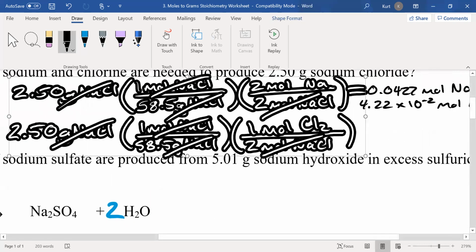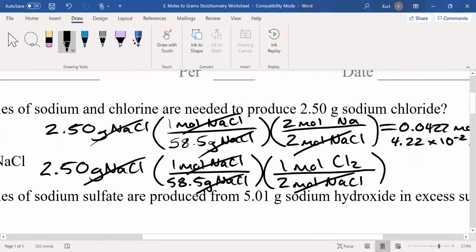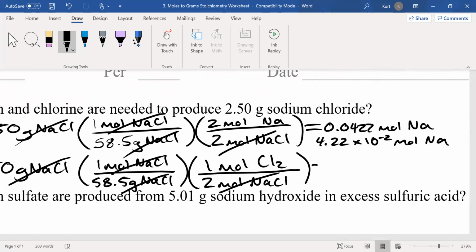But you can go ahead and skip the ones because you know that will still result in the same number. So 2.5 divided by 58.5 divided by 2 equals 0.0214 moles of chlorine gas, which can also be written as 2.14 times 10 to the negative second moles of chlorine gas.